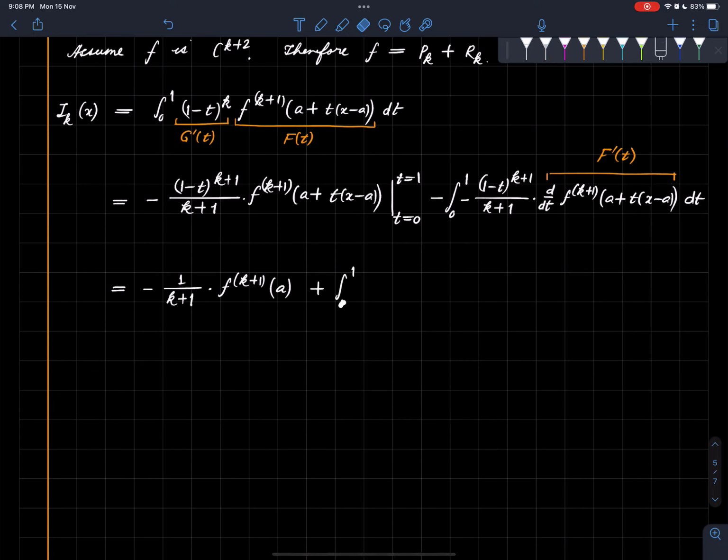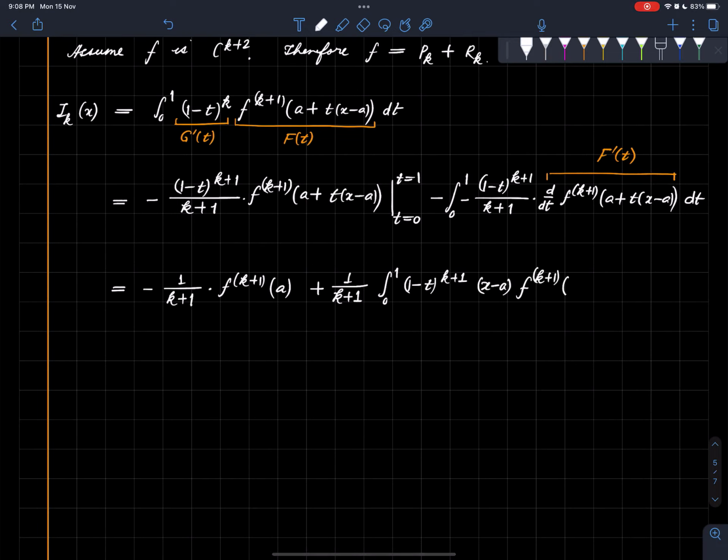Integral 0 to 1. Let me take the k plus 1 out. So this is the integral from 0 to 1 of (1 minus t)^(k+1). And this derivative, if you apply the chain rule, you will get an x minus a will pop out.